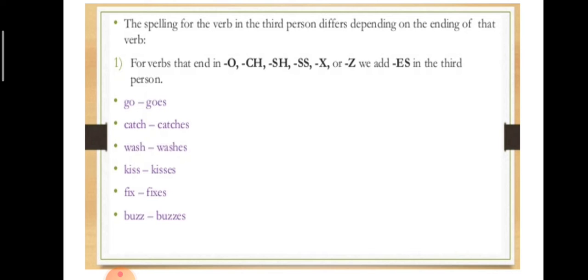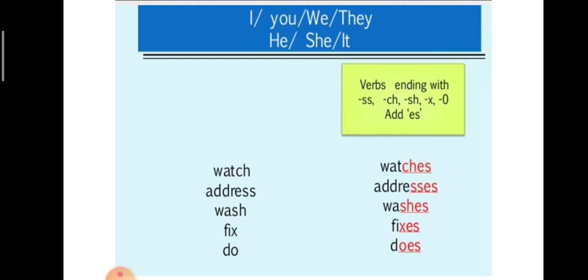So when it comes to third person, these verbs take es at the end. You have to just add es to the verb. Okay. Just notice watch, it's ending with ch. So you're just adding es at the end of it.